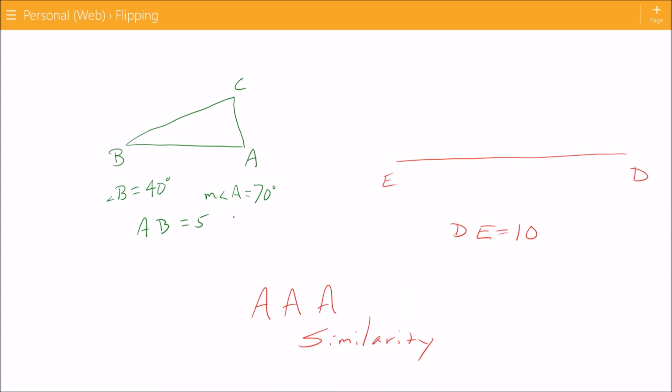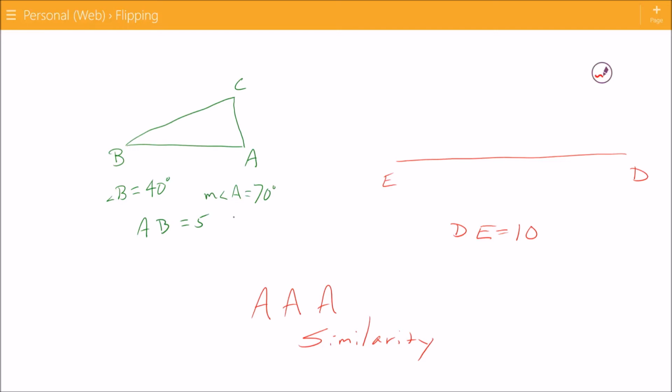So let's look using that same thought process. We can prove that angle angle angle is going to be a way to prove that two triangles are similar, not congruent, but similar.